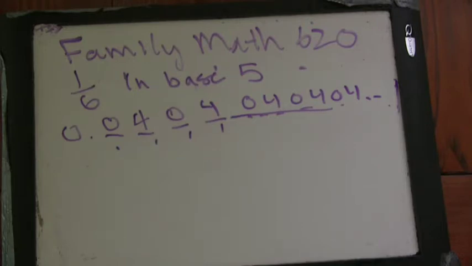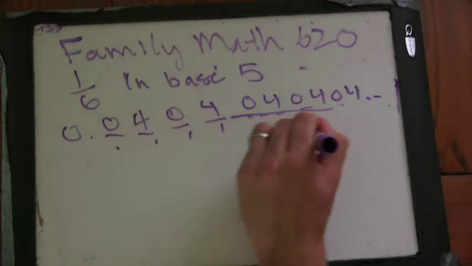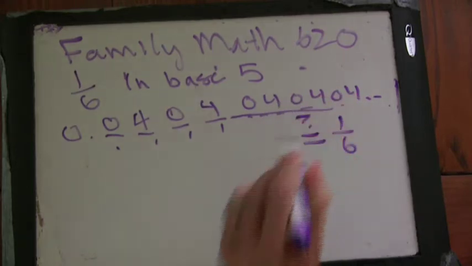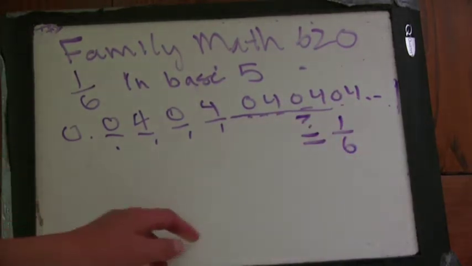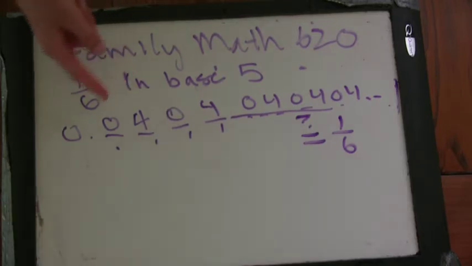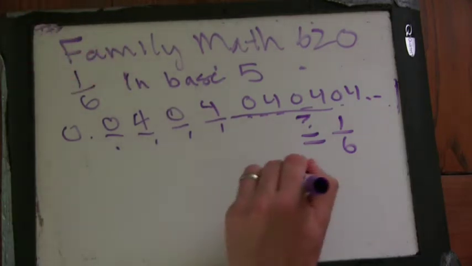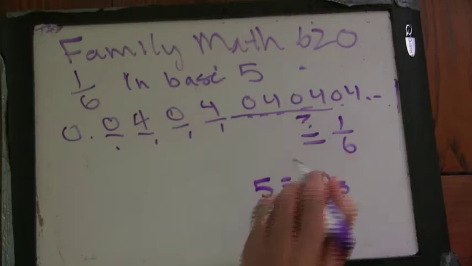How can we tell if this really equals 1/6? Well, we can multiply it by 5. If we multiply it by 5, everything shifts over, because 5 in base 5 is 10 in base 5.